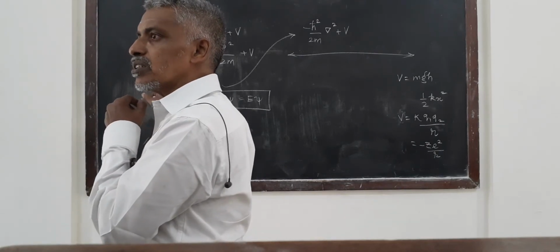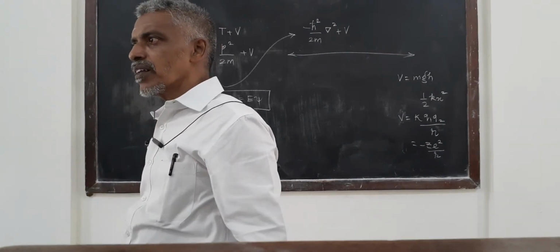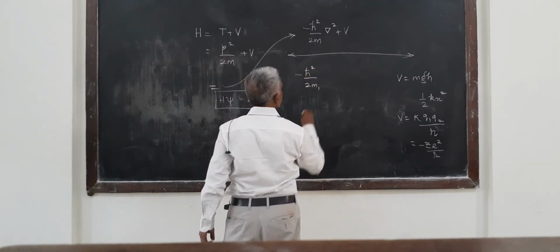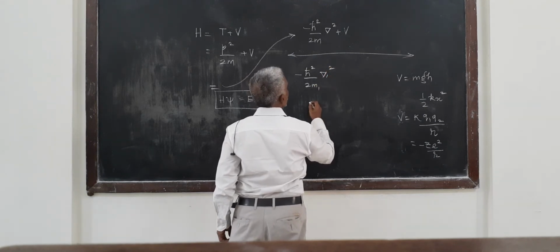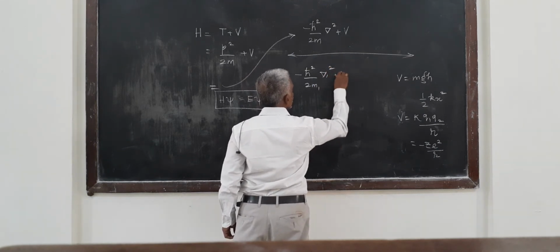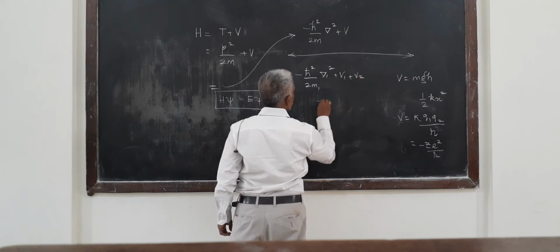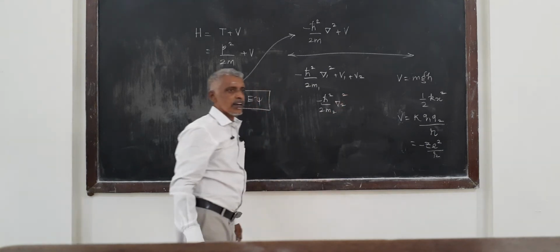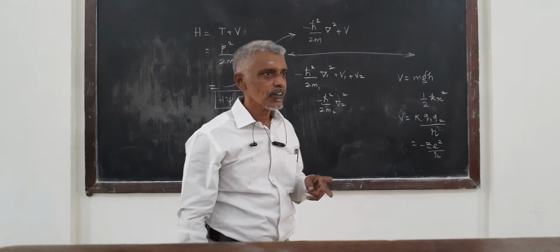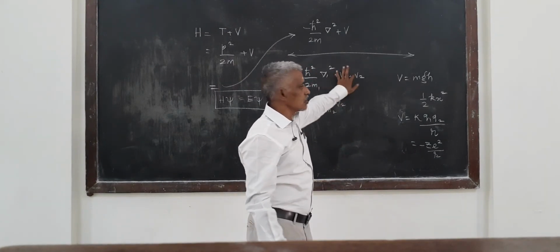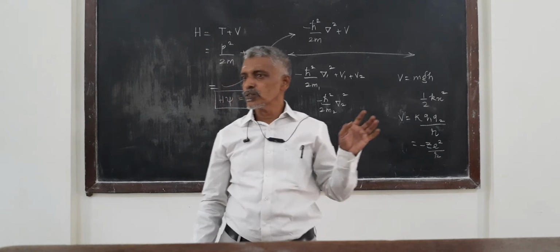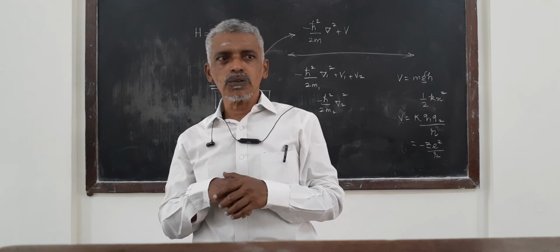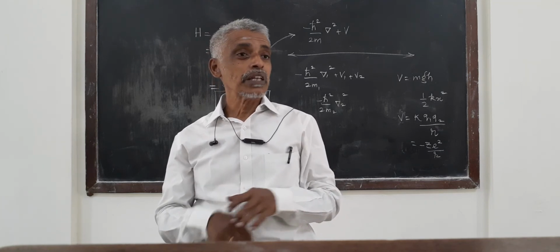The same thing: minus h-bar squared by 2m1, del 1 squared, plus minus h-bar squared by 2m2, del 2 squared, because we have two electrons. In addition to these, other terms play a role in the Hamiltonian.